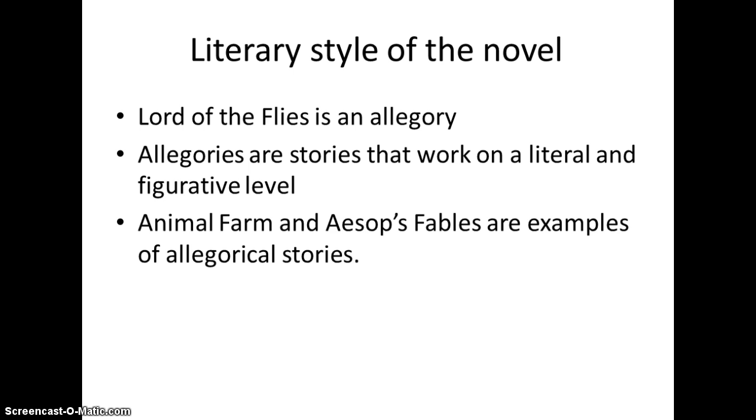Examples are Animal Farm by George Orwell, where the farm animals revolt against the farmer, and this is to represent the Russian Revolution, or the Soviet Revolution in the early part of the 20th century, and Aesop's fables, so the tortoise and the hare.